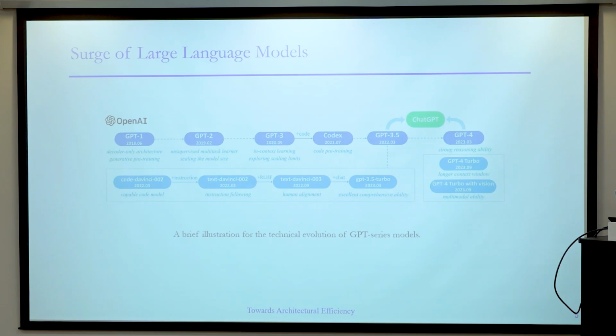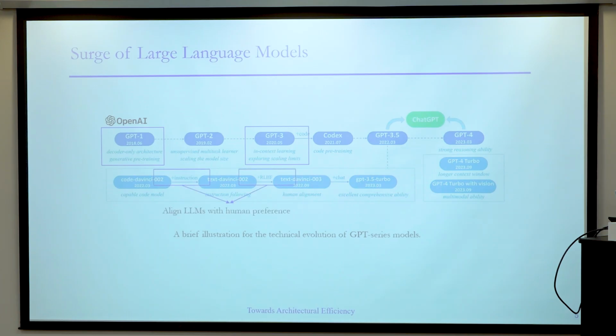Here is a brief illustration of the technical evolution of the GPT series models. Back in 2018, we have the most basic architecture for all these recent large language models. It is the GPT-1 model, and it uses a decoder-only architecture with generative pre-training. Later we have GPT-3, which has in-context learning capacity, and they also explored the scaling limits for these decoder-based models.